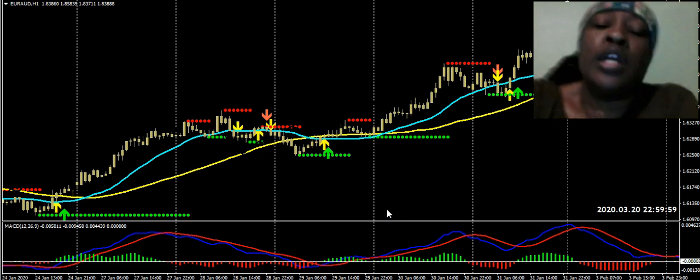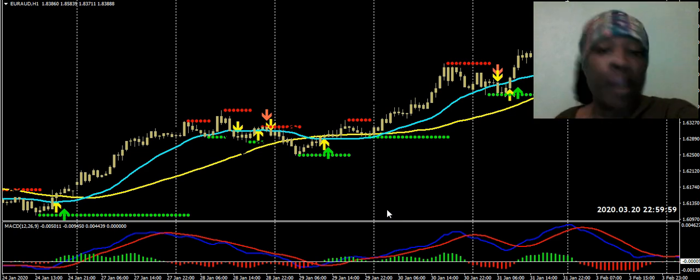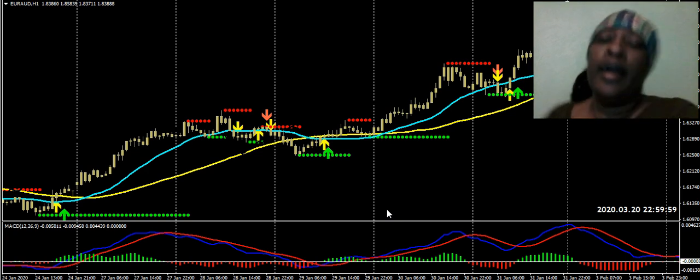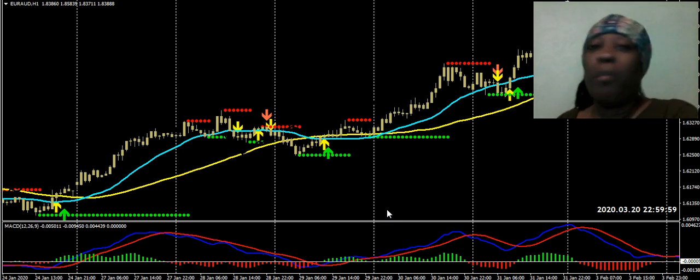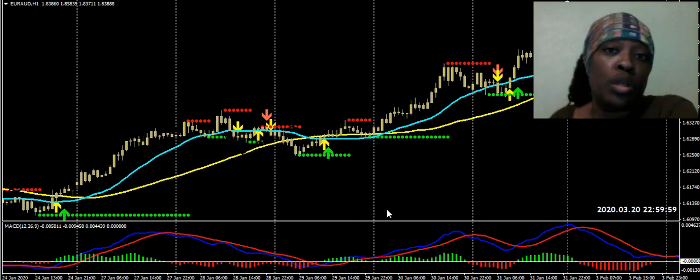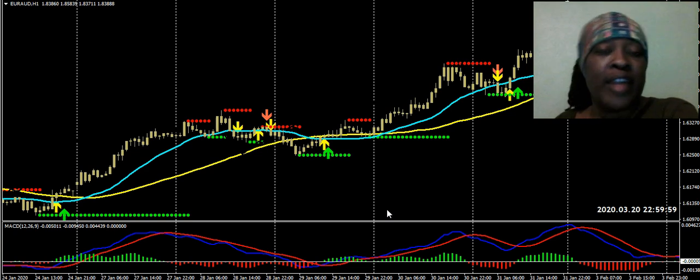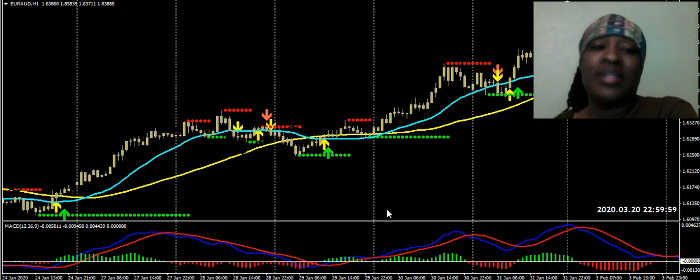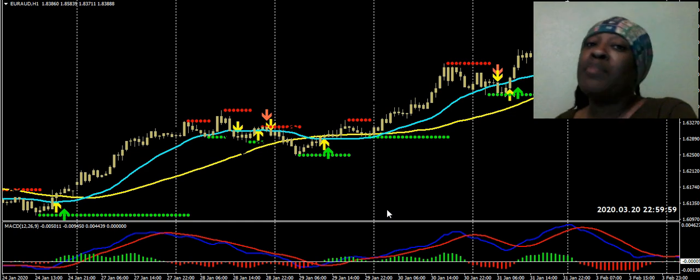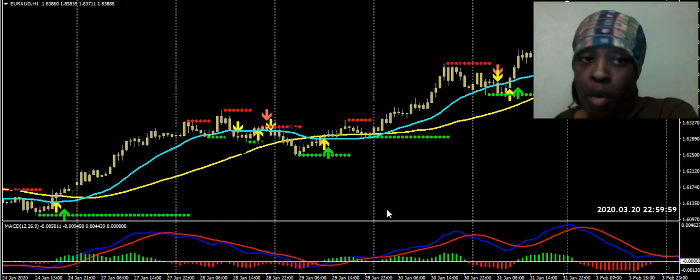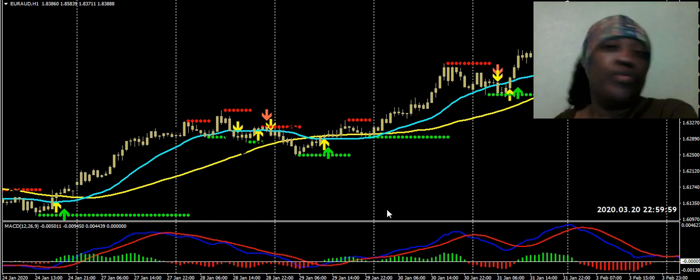I am a conservative trader. I don't mind building slow, and that's what I teach. I also teach a 20 pip strategy that will get you consistently 20 pips. Now, 20 pips can be very, very powerful, provided that you follow the rules.